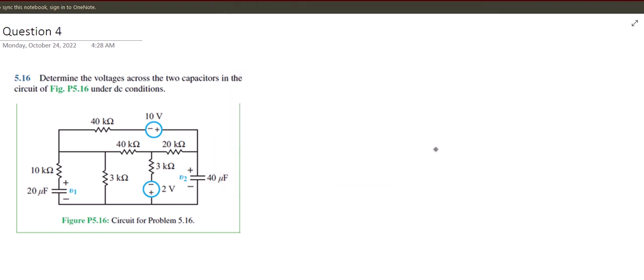First of all, under DC conditions, we know that our capacitors act like open circuits. So I'm going to redraw the circuit with the capacitors as open circuits. You don't have to do this step, but it helps me.